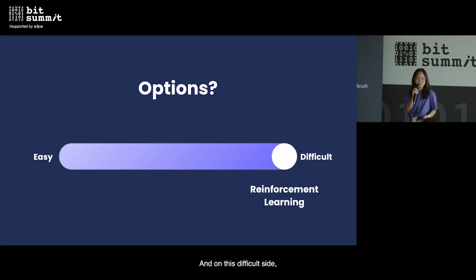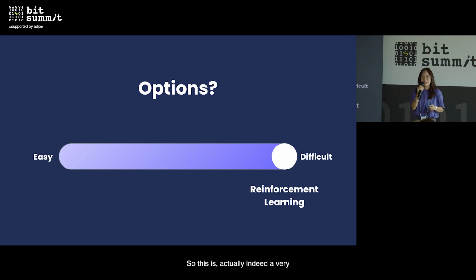And on the difficult side, there's a method that is being used by some companies in the industry, called reinforcement learning. Reinforcement learning, in short, is where we have an agent that learns how to bid through trial and error, or exploration and exploitation.